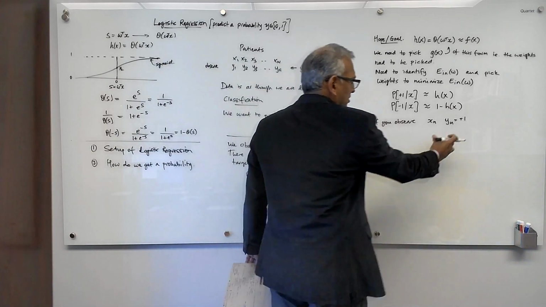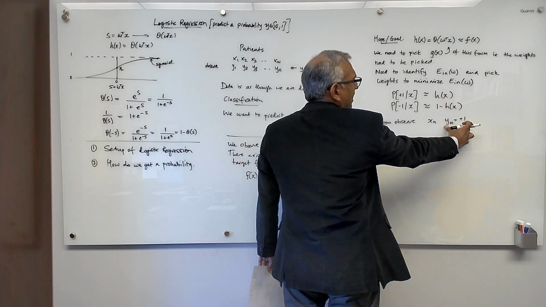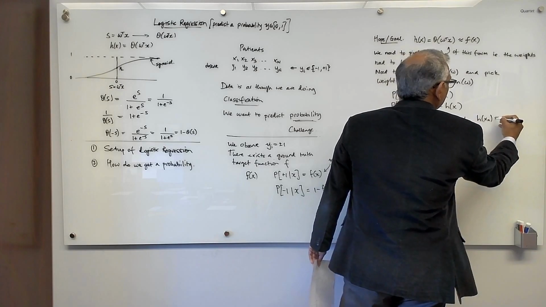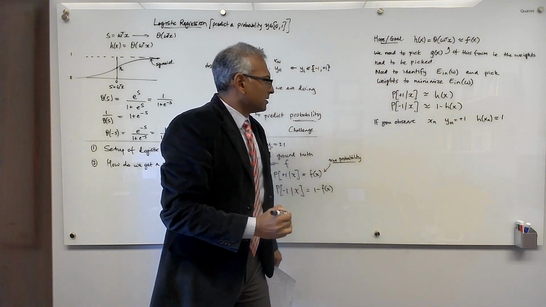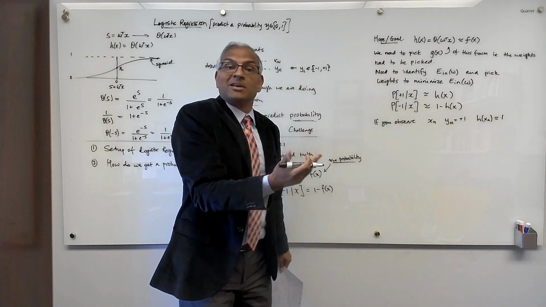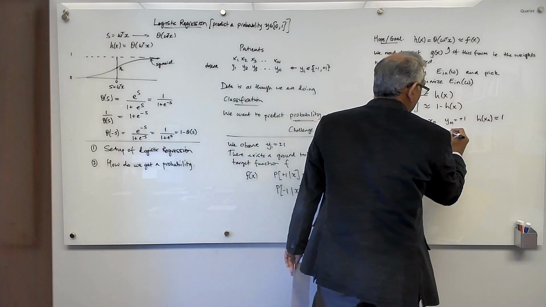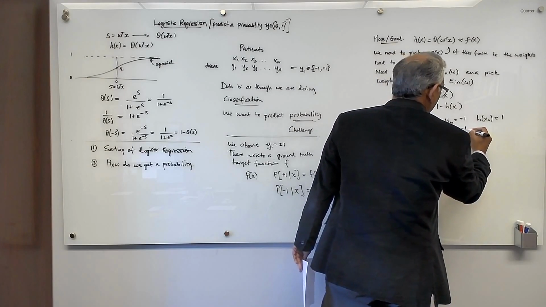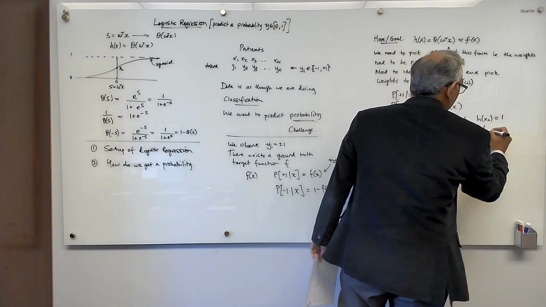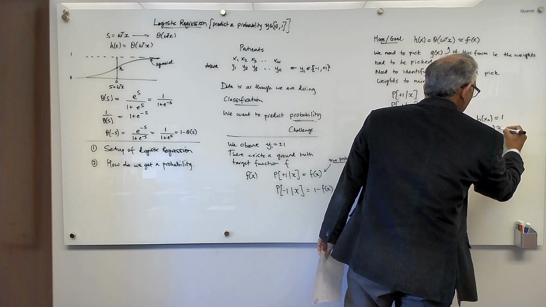This is going to be the likely outcome if h of x_n is approximately equal to 1. Remember, we only get to observe y_n, which is plus or minus 1. If you observe a data point x_n with y_n equal to -1, that's the likely outcome if h of x_n is approximately equal to 0.